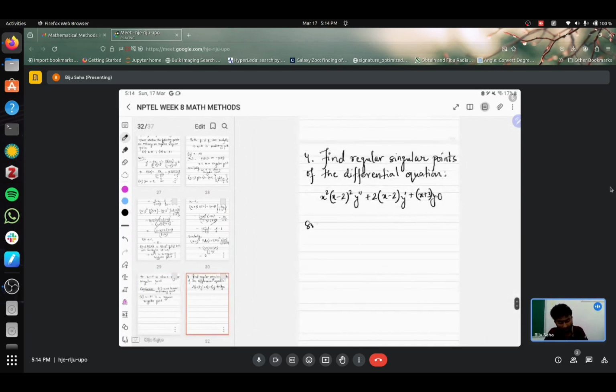Now the next question is we have to find the regular singular points of this given differential equation. Let us first see what the singular points of this differential equation are. For that we need to write it in the standard form.